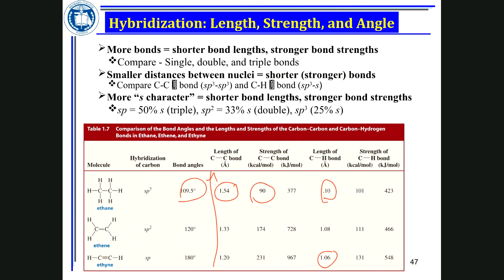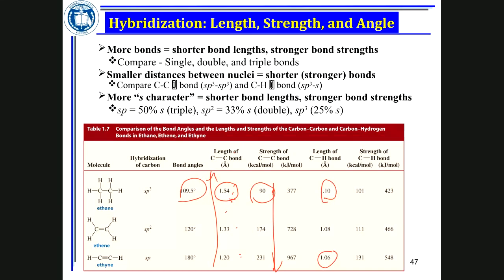The bond angle, we talked about these. You need to know the bond angle. You don't have to memorize the actual numbers here for the bond length. You need to know the pattern, which one is shorter, which one is longer. The strength of the bond increases from single bond to double bond to triple bond.